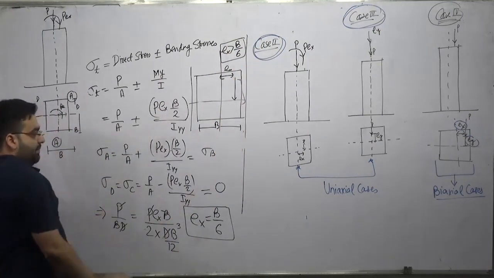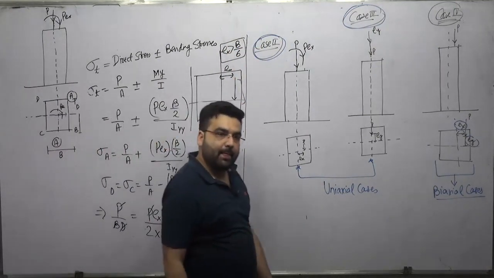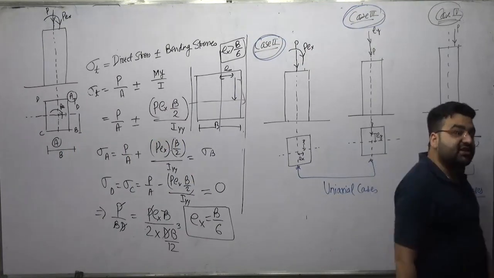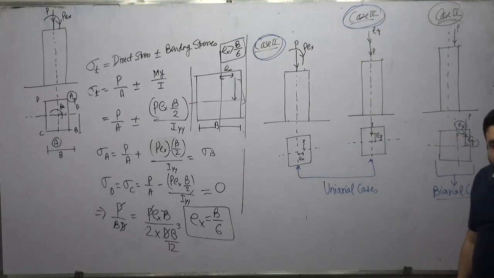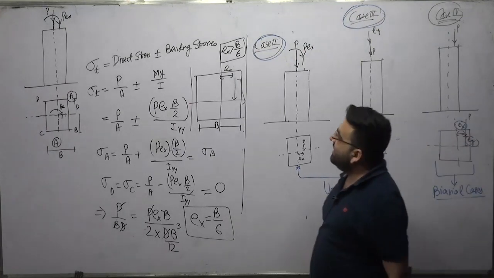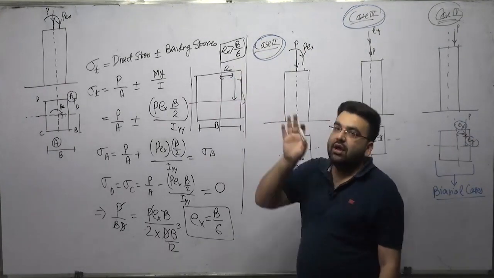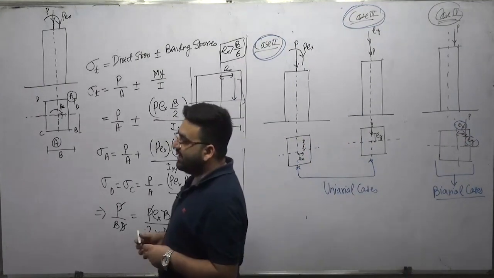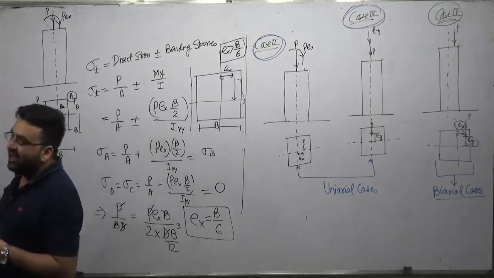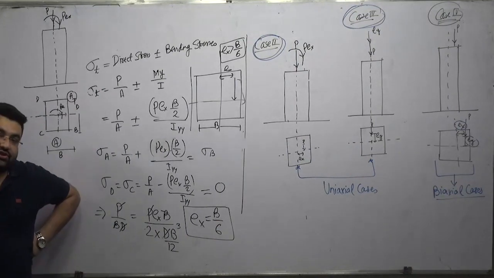The tension will happen. It means that to stop it from tension, the eccentricity should always be less than B by 6.